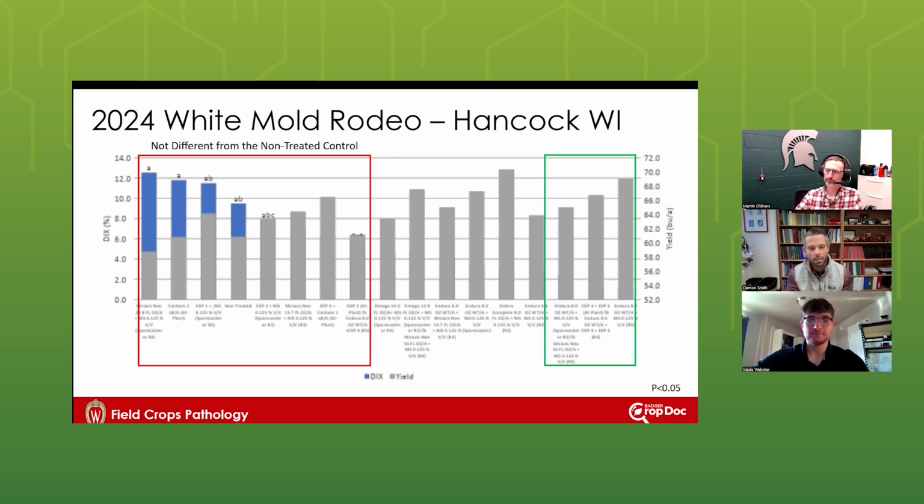We didn't necessarily see many benefits from that application in this 2024 season, but we're going to continue to work on that and try to understand how soil type and other factors impact that product. But certainly it's a possibility to go after the inoculum for this fungus rather than trying to protect the plants early or later in the season. So just a different strategy to think about.